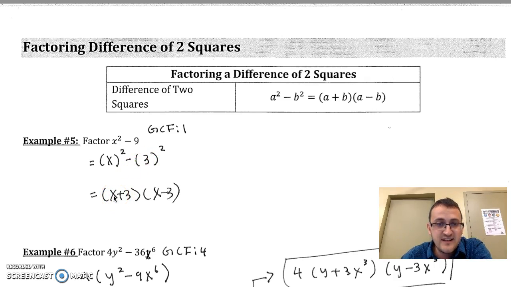So I'm going to write this as x plus 3 times x minus 3. And I say that because my a is x, and then my b is 3. So I got x plus 3, a plus b, times a minus b, which is x minus 3.